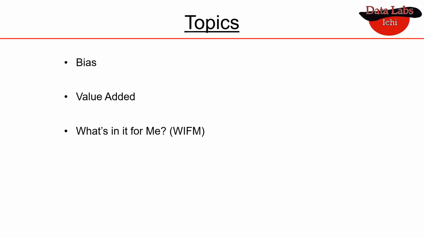Next, it kind of wraps into the value added, but it gets its own brief entirely, because what's in it for me? I have WIFM as the acronym we use for it, in parentheses. What is in it for me? The me being whoever you're making the product for. This is important when you're briefing or giving the product to someone who has very, very little time.